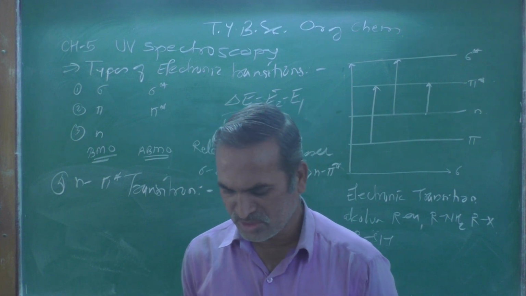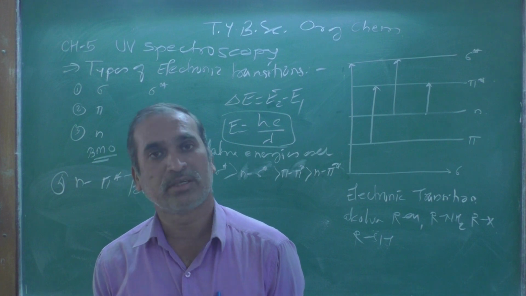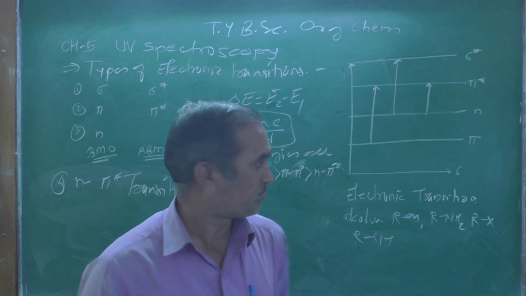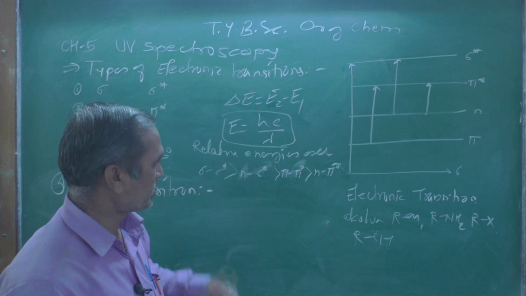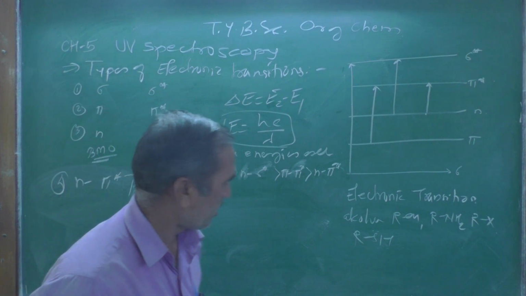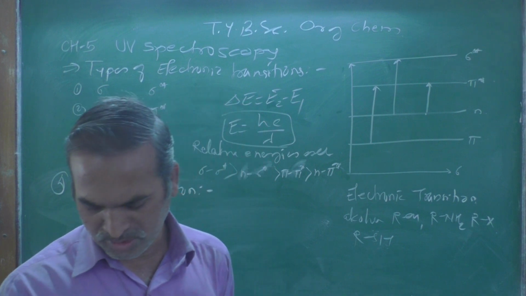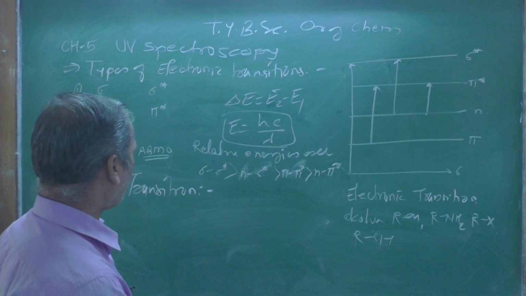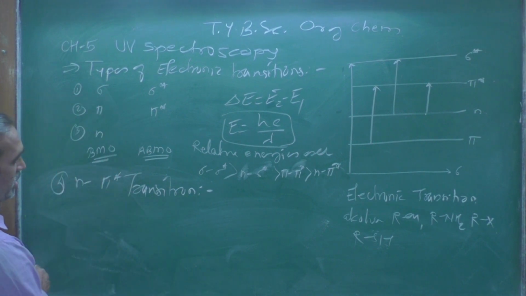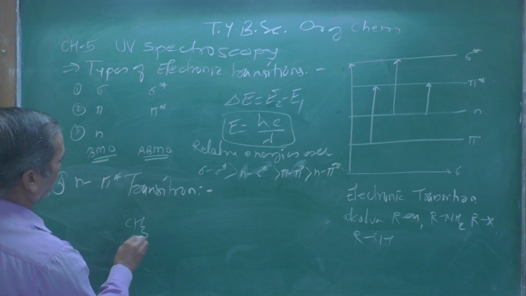The relative energies are in the following order: sigma to sigma star, then N2 sigma star, N2 pi star, and pi to pi star. The N2 pi star transition generally occurs in molecules like acetone.